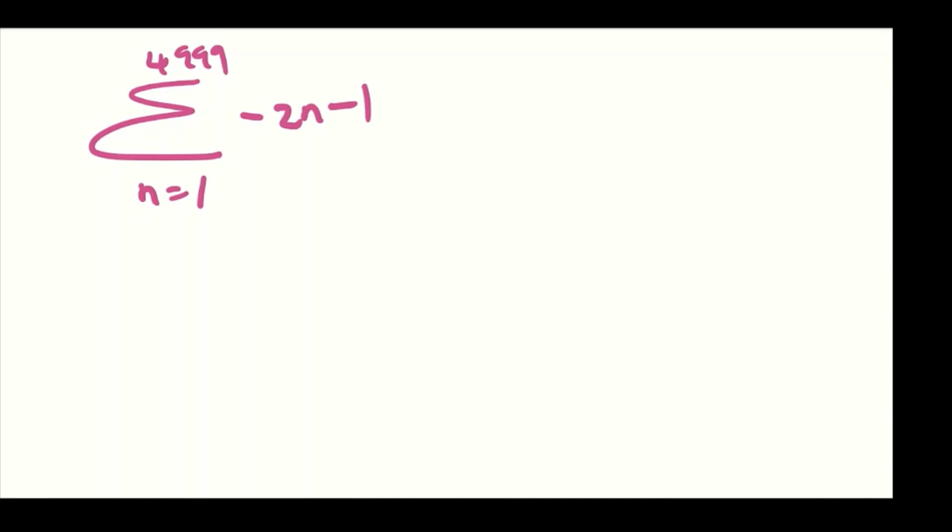To find that sum, we're just going to write the sum of 4999 when n is equal to 1, of minus 2n minus 1. To find the first three terms, when n is equal to 1, we say minus 2 times 1 minus 1. So the first term is minus 3.